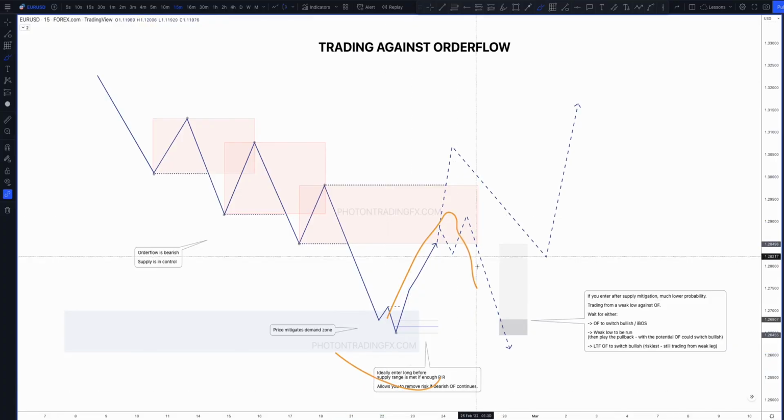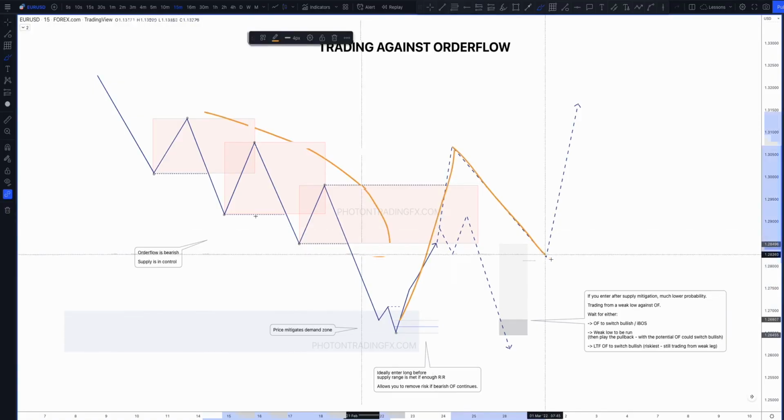Now we don't want to be buying against this, right? So the main things you can wait for, and I've listed them here in order of probability. First, we wait for the bullish CHoCH. We want order flow to be disrupted, so that the internal structure aligns with the swing.